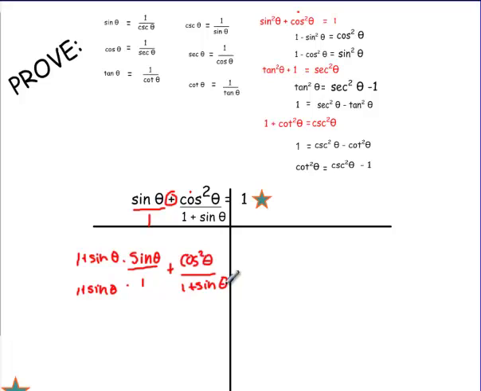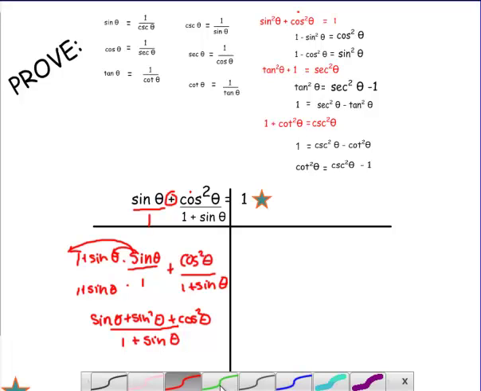And this is where you have to really be good with your basic math. The common denominator is 1 plus sine theta. And over here I get sine theta, because I'm going to distribute, plus sine squared theta, plus cosine squared theta. Boy, that's one big mess. But wait a second.